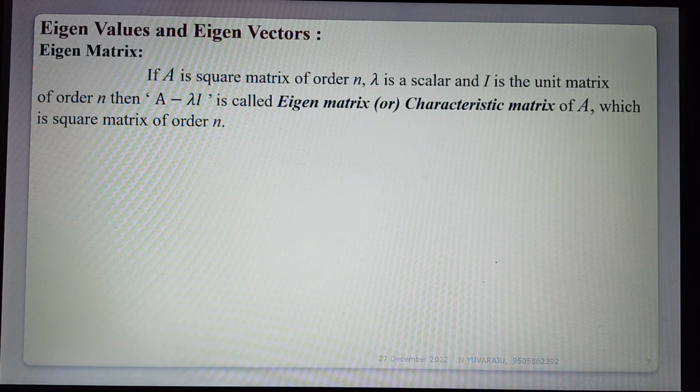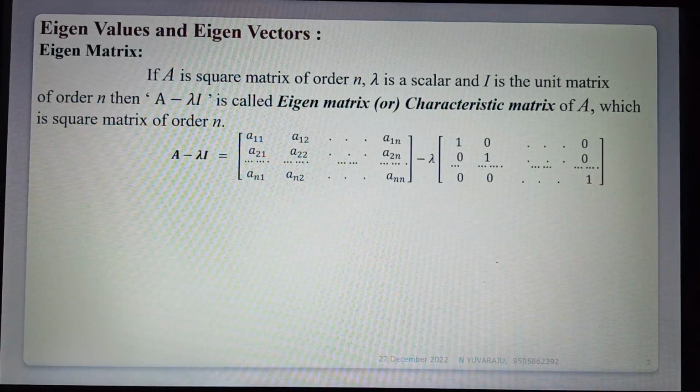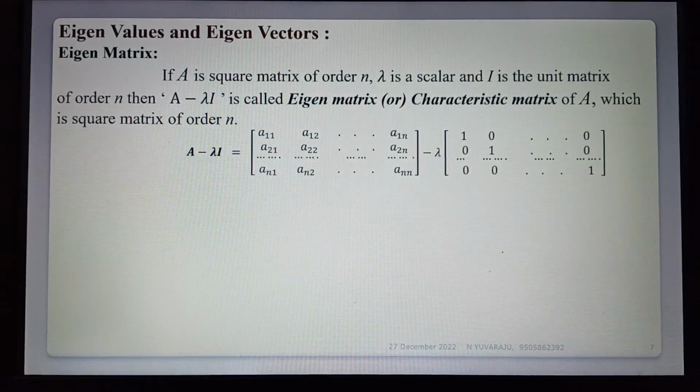Okay, see here, that is A minus lambda I. A is an n by n square matrix, and lambda times the unit matrix is also n by n.